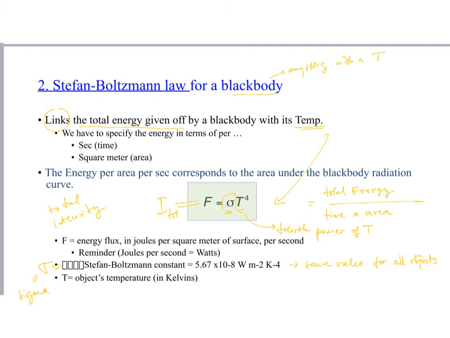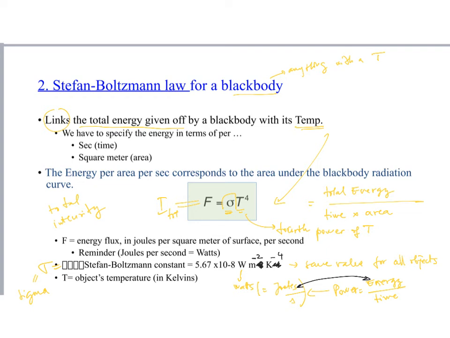So we have watts, which are actually joules per second, because it comes from power, which is energy per time. And remember the units for energy, they're joules. All right, so we have watts per meter to the -2, and then Kelvin to the -4.